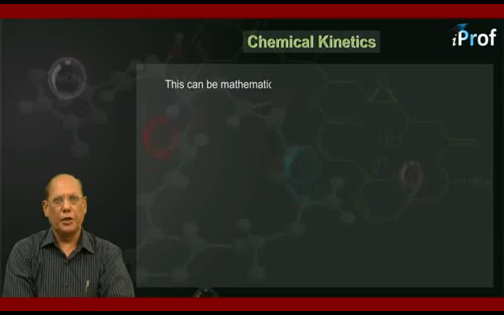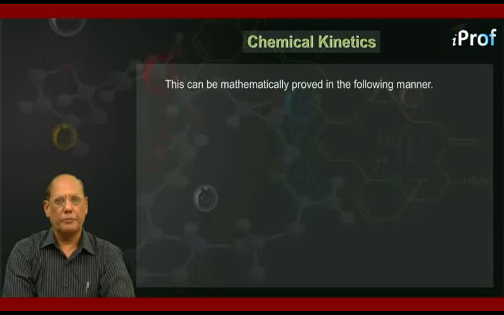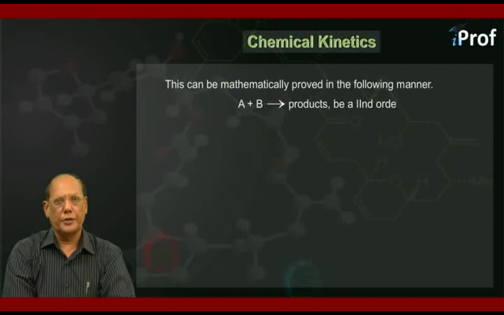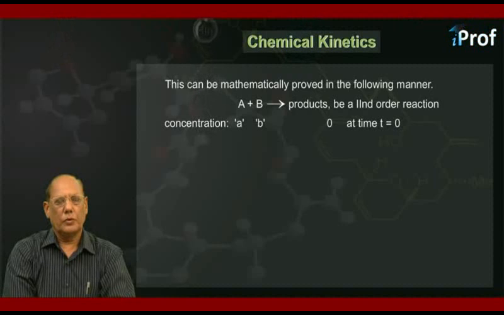This can be mathematically proved in the following manner. A plus B giving products be a second order reaction, then concentrations are A and B and 0 at time t equal to 0. Then A remains A minus X, B remains B minus X with some concentration of the products at time t.